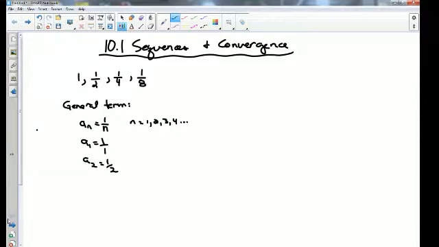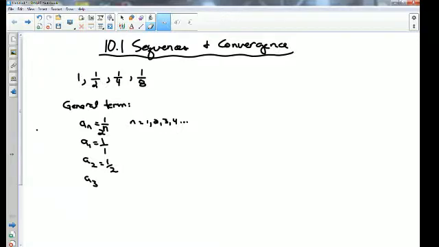Make sense? And these can get really nasty. Like a with the term 3, a sub 3. How does that connect? Because you've got the 1 over... This should be 1 over 2 to the n, sorry. And n should start at 0.